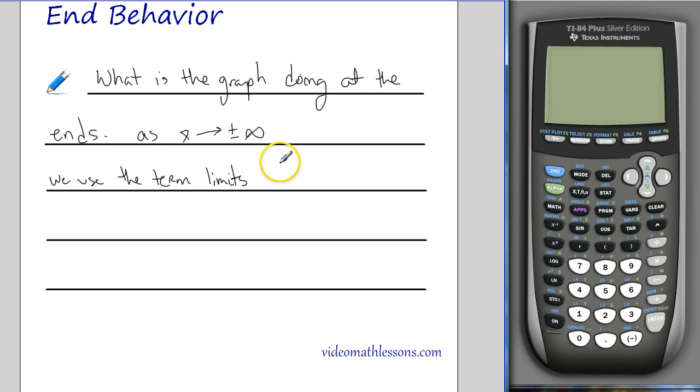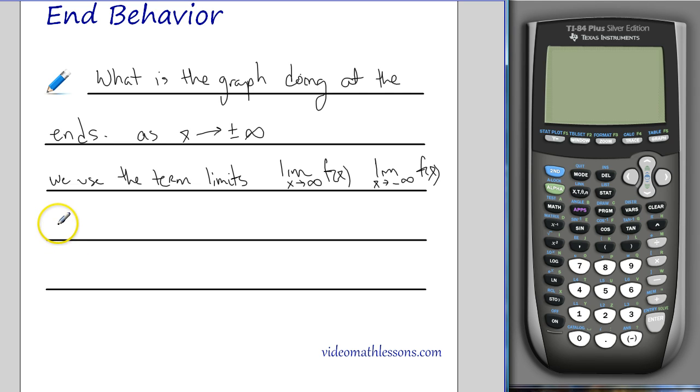And this is how we're going to write it. It's going to say the limit, and underneath we say x goes to infinity of f of x. We're also going to do the limit as x goes to negative infinity of the function f of x, or g of x, or h of x, whatever the function is.